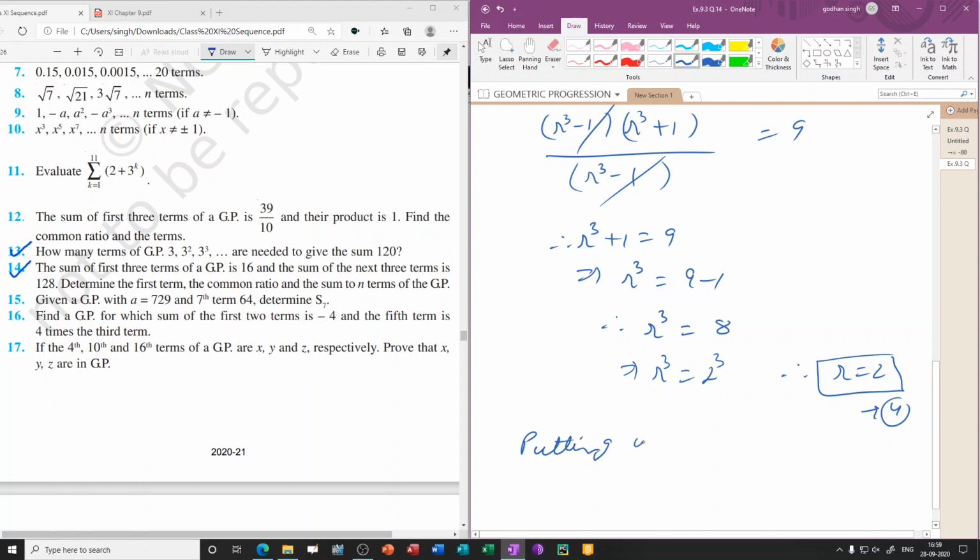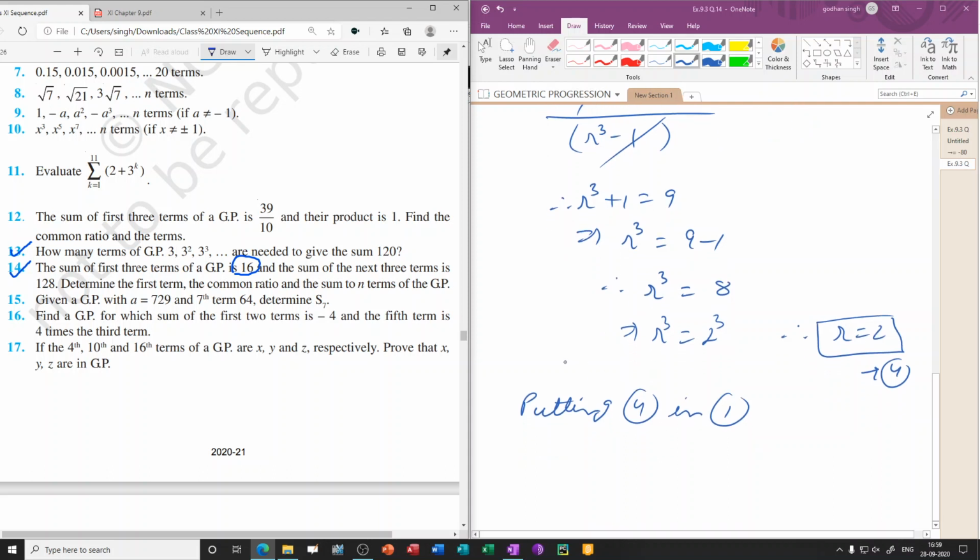Now what is given to us is that the sum of the first 3 terms of the GP is 16. So S3 equal to 16, and that will imply A1 into r cube minus 1 over r minus 1, and that is equal to 16.